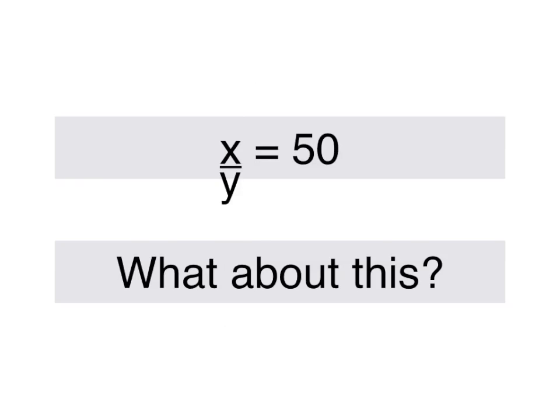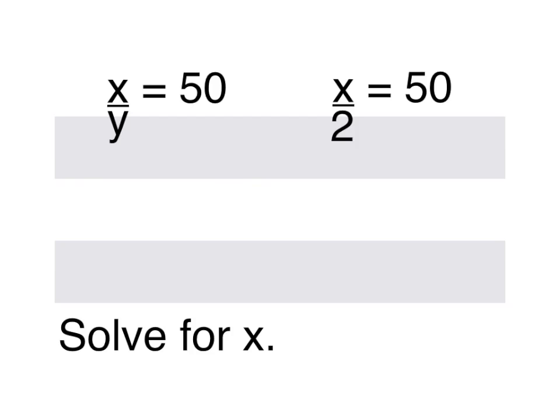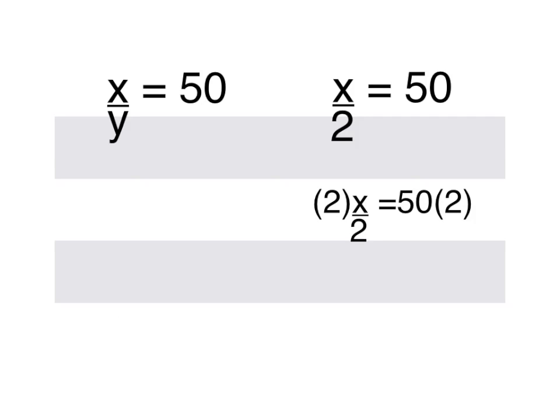All right? So what about this one, a literal equation? Let's compare them side by side. We're going to solve for x. So remember with the number one, we undid divide by 2 by multiplying by 2. So same basic idea. We undo the division by multiplying. We multiply by y.